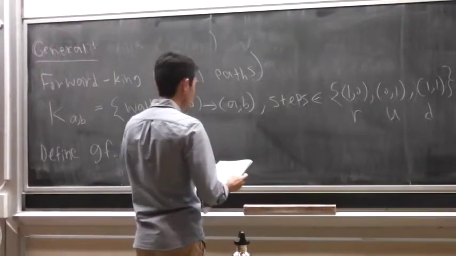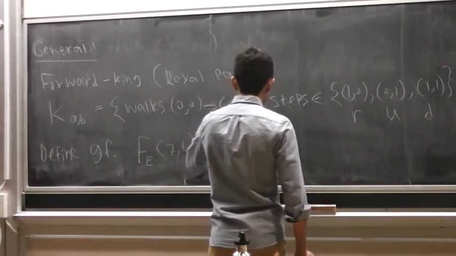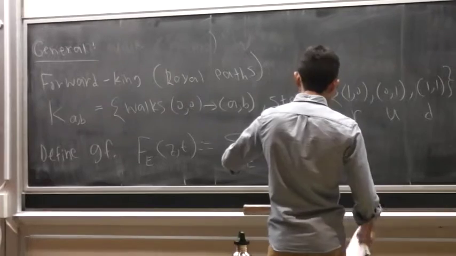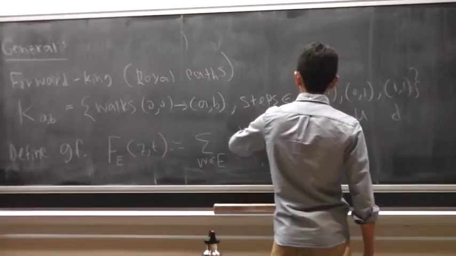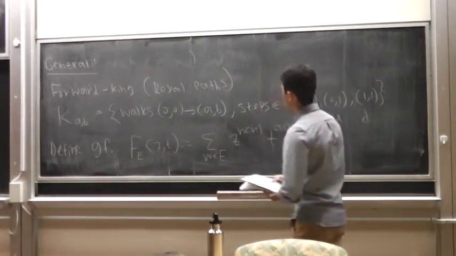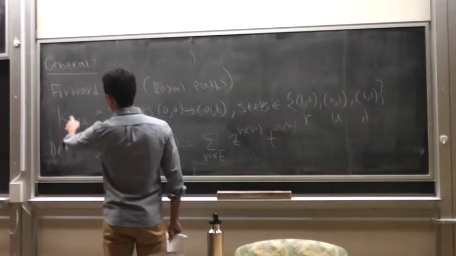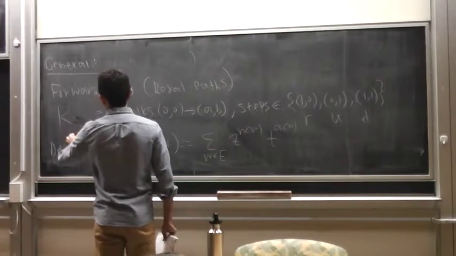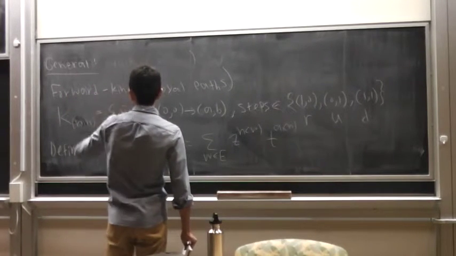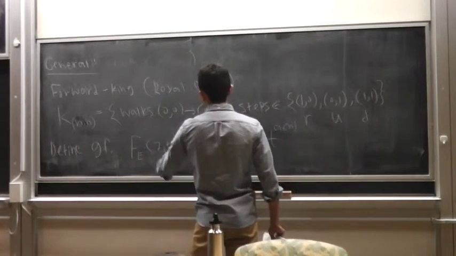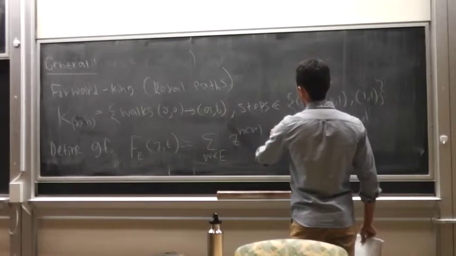If you give me a set of walks E, define the generating function as the sum over the walks in that set of z to the n of w times t to the A1 of w. For now let's restrict to the diagonal again. We have our king walking and he ends up on the diagonal. So we add z to the power of where he ends up, times t to the number of losing times.